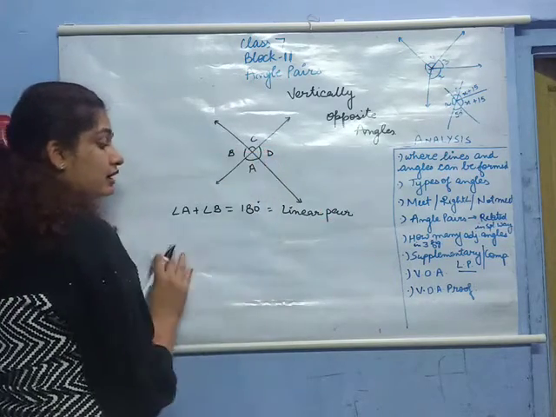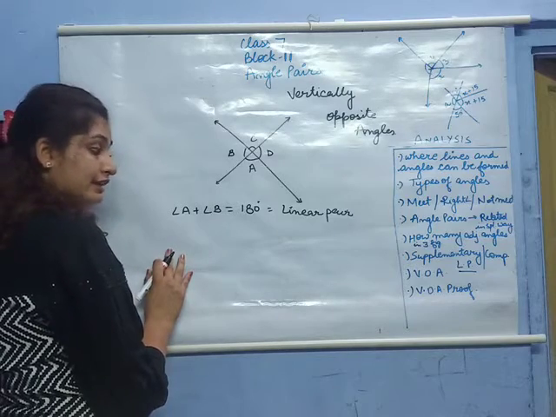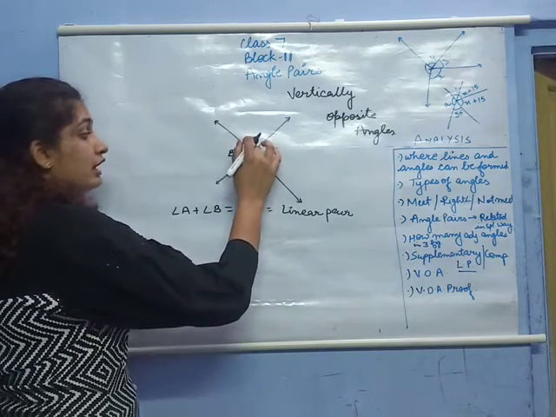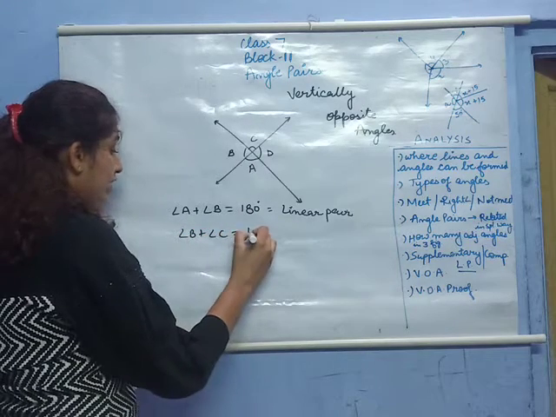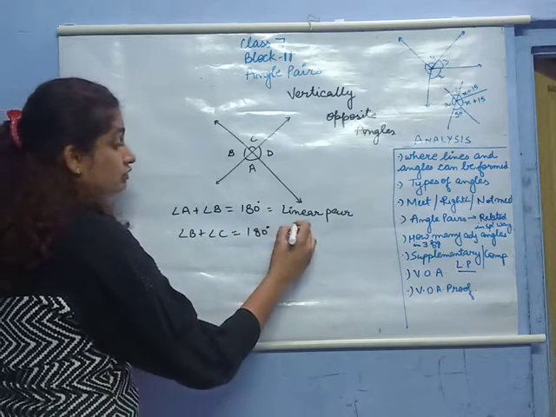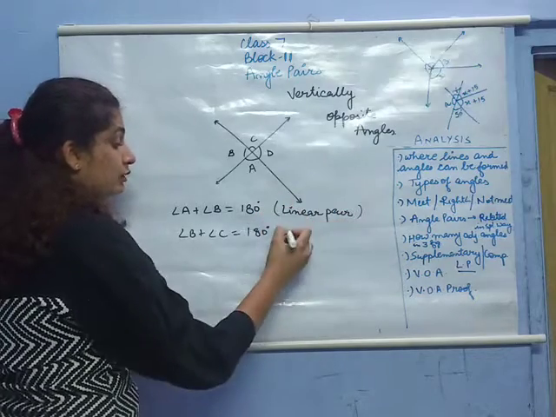So angle A plus angle B is equal to 180 degree. Is that clear? If I talk about B and C, angle B plus angle C is again 180 degree because of the same reason, linear pair.